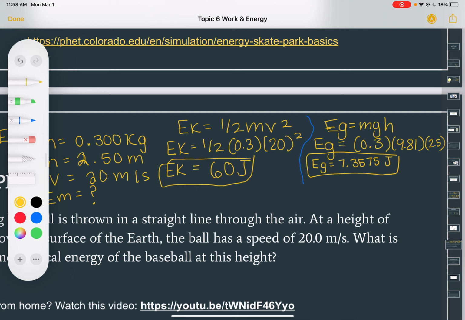All right, so now we just need to use the formula EM is equal to EK plus EP. So our EK is 60 plus our EP, which is our gravitational, 7.3575 joules.